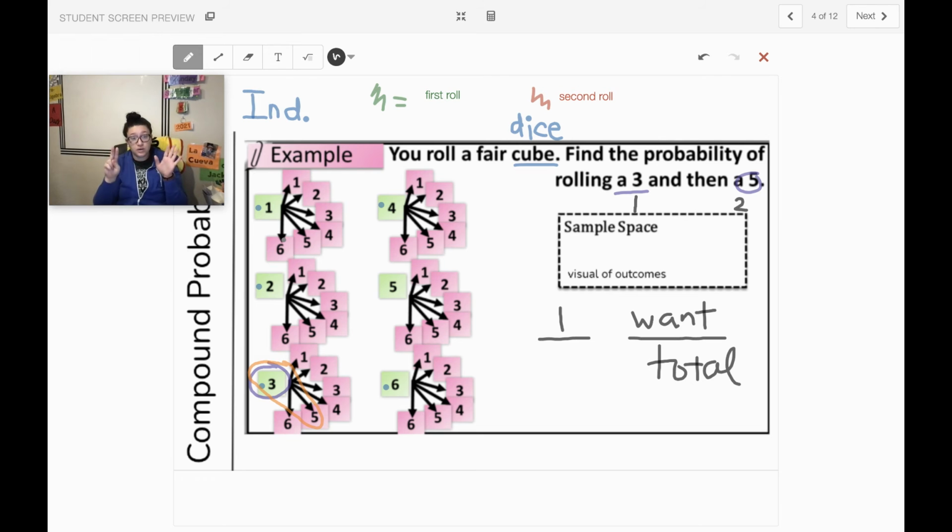And then a 2 and a 1, a 2 and a 2, a 2 and a 3, a 2 and a 4, a 2 and a 5, a 2 and a 6. That's a lot to count. An easy way to count is to look at the furthest over section. Here my furthest section is pink. If I just count how many total pinks there are, that's my total number for the bottom.